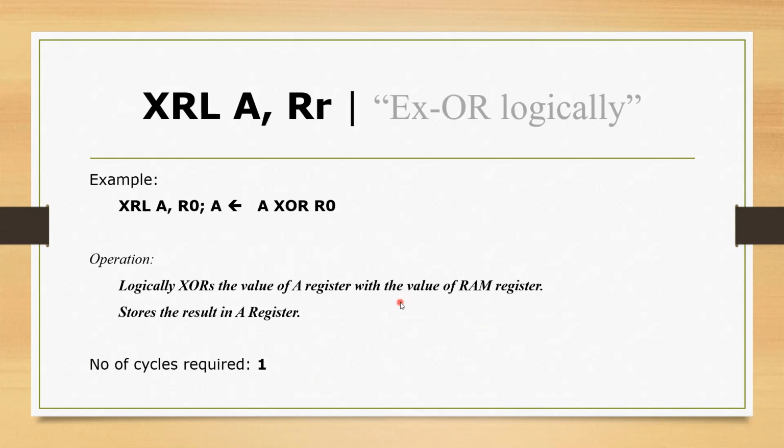All the syntax that we discussed for the logical AND and logical OR operations is available for the XOR operation also. XRL A comma R0 is XORing between the A register and a RAM register. Any RAM register can be used. Here, for example, R0: A XOR R0, and the result is stored in the A register.